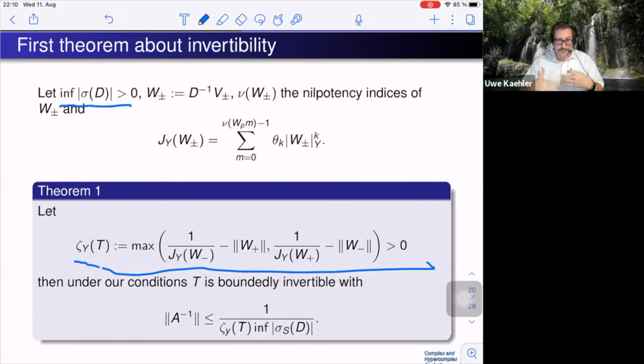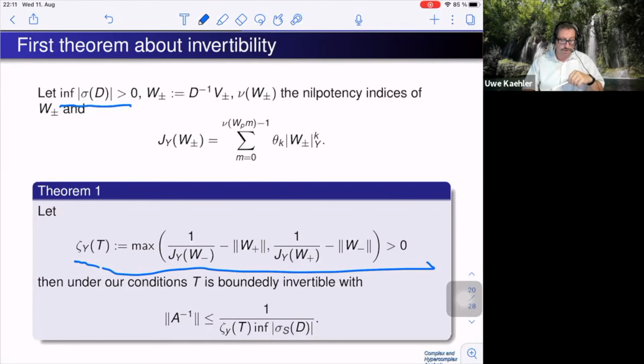That's no problem. The proof in itself is basically the same as you would do in the classic case. There's nothing here really which is particularly important from the point of view that we are here in the quaternionic case. In the case of Clifford-algebra-valued operators, there's only one thing you would have to be careful about.